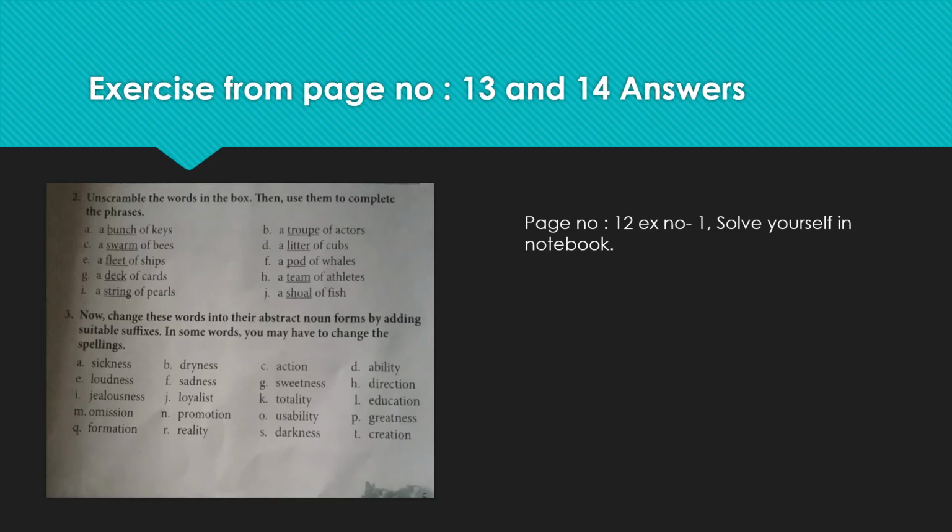Now, you know an abstract noun means a quality. For abstract nouns, you have to use a suffix. In a suffix, we are adding, afterwards, N-E-S-S, L-Y, whatever the word requires. With that, you get an abstract noun. For example, happy, happiness; free, freedom. In that way, you have to make these words. Answers are given, you have to complete it.